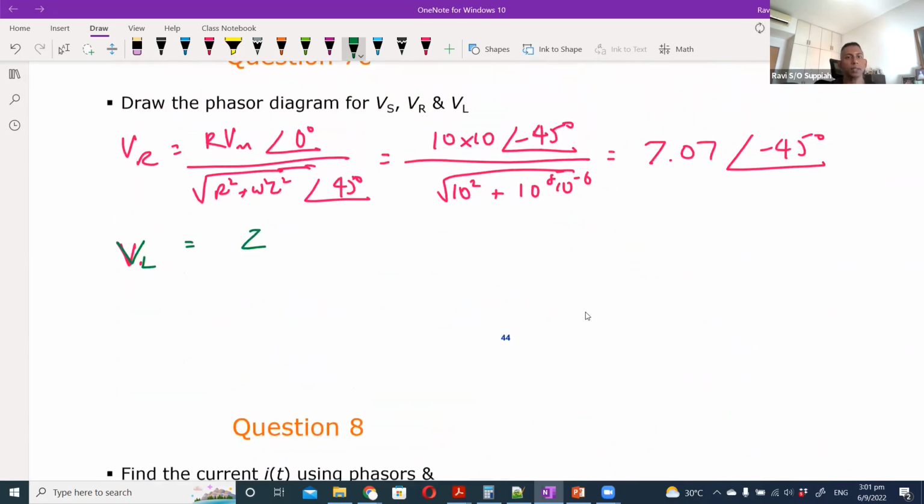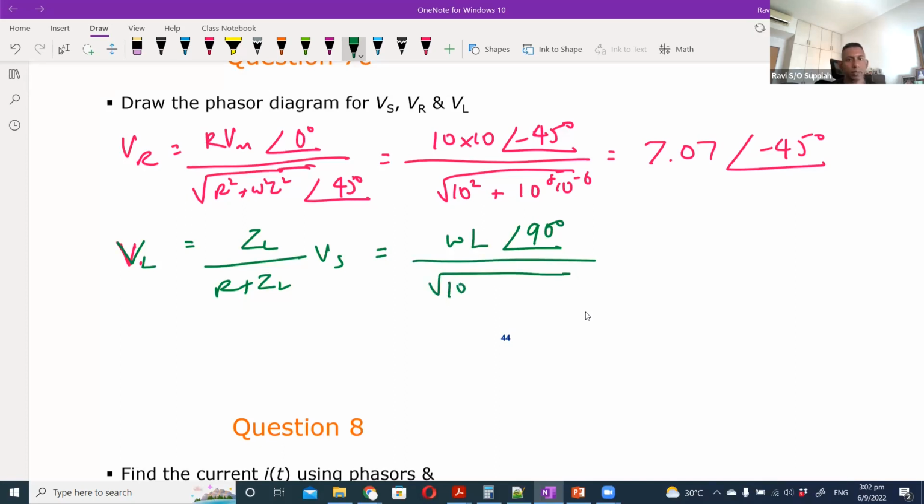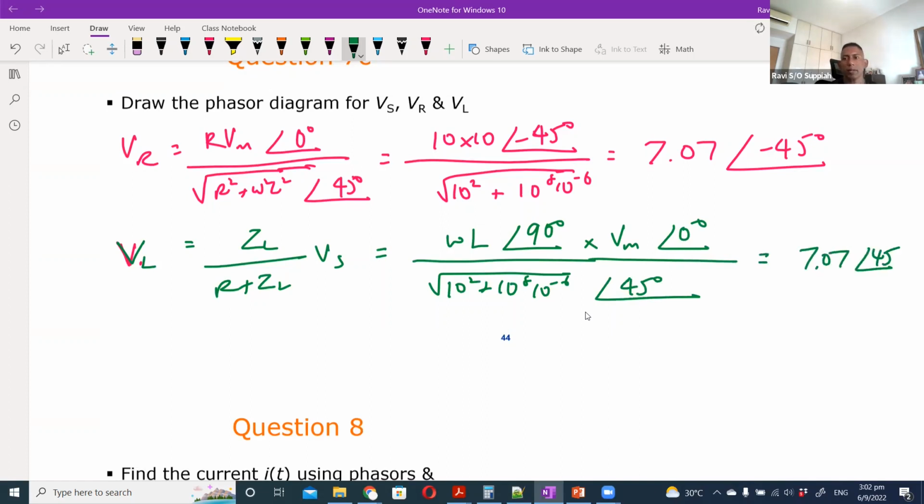So it will be ZL over R plus ZL multiplied by Vs. That will be omega L angle 90 degrees over, again the same thing, the square root of 10 square plus 10 to the power 8 times 10 to the power minus 6, multiplied by Vm angle 0 degrees, and this angle is 45 degrees. So that will give me 7.07 angle 45 degrees.